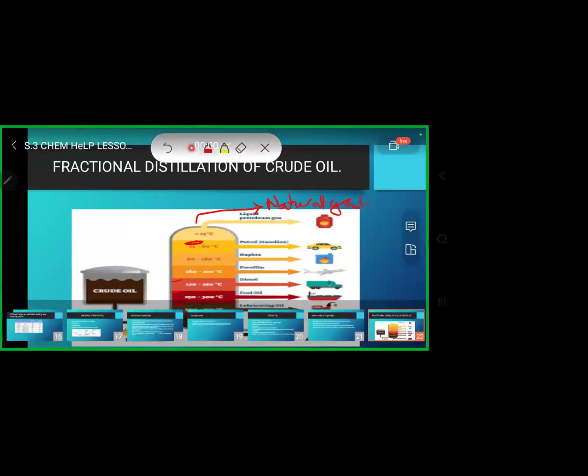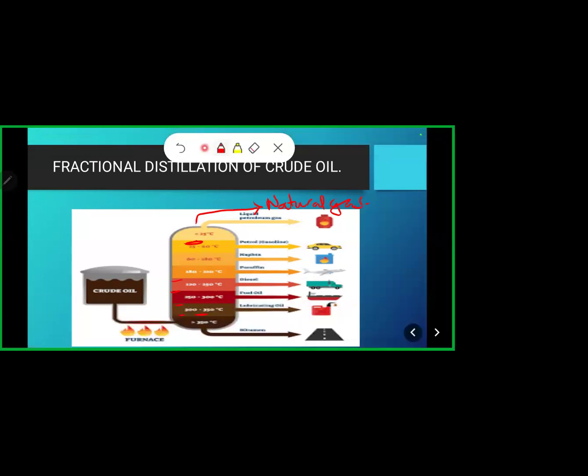And then the next one being cooled off is petrol. Then the next one cooled off is naphtha. Then the next one is paraffin or kerosene. Like I said, choose one word that you could use. You can say paraffin, or someone else can say kerosene.